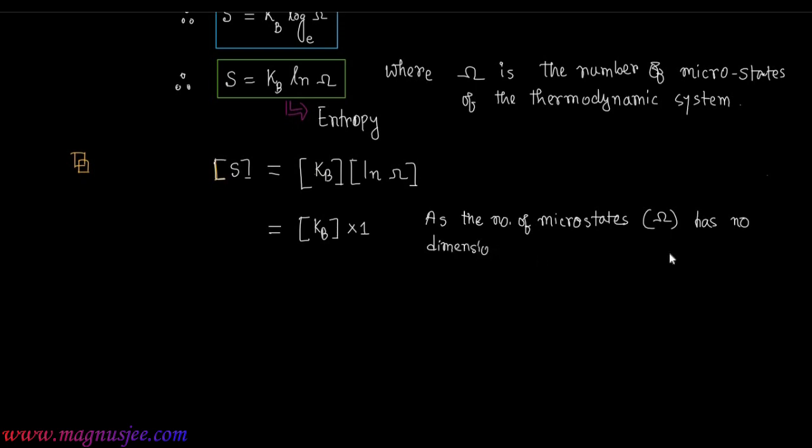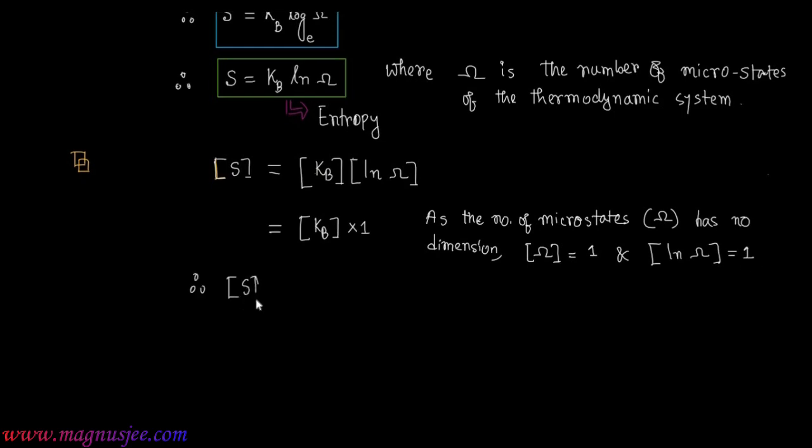Omega, the number of microstates, is a dimensionless quantity. That's why the dimension of omega is 1 and the dimension of ln omega is also 1.